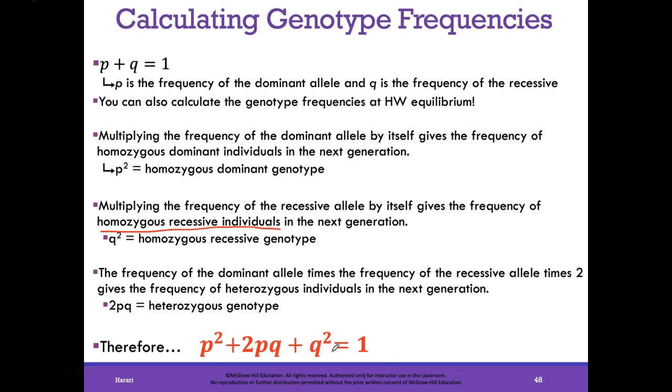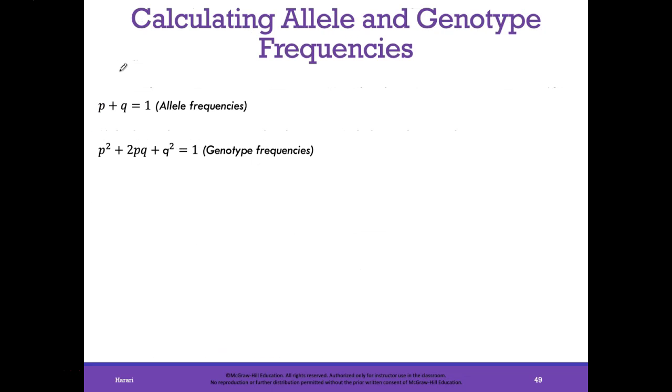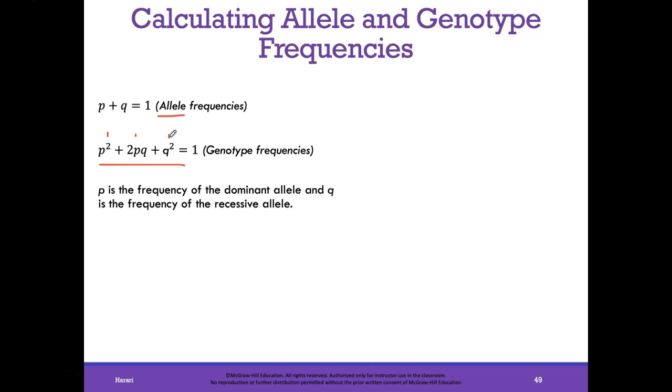And the way that we got this was from the allele frequency equation. So the allele frequency, this is what you must remember: p plus q equals 1 is the equation to represent allele frequencies. This tells us the frequency of the dominant and the recessive allele. This equation tells us genotype frequencies. This tells us the likelihood of getting homozygous dominant, heterozygous, or homozygous recessive individuals.